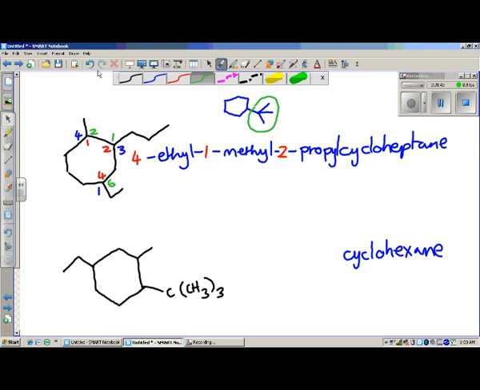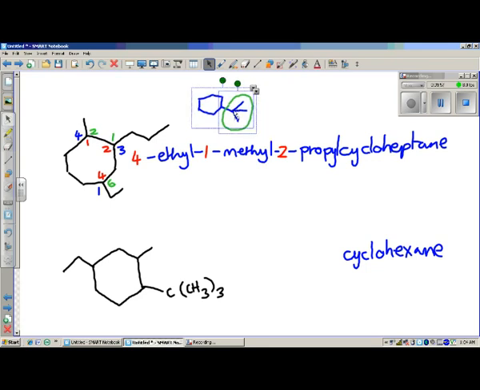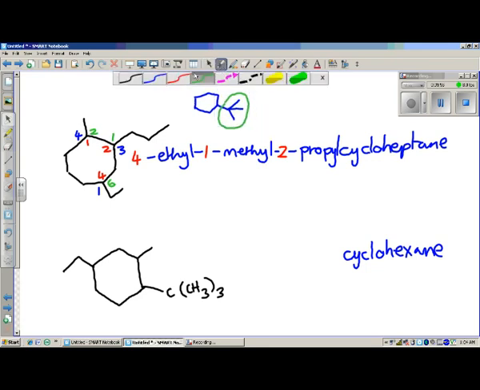Now there are 2 ways to name this. One way would be to use the naming convention that we saw last time, and the other way is the common way. So there's the IUPAC way and then there's the common way. I'll just go through both.